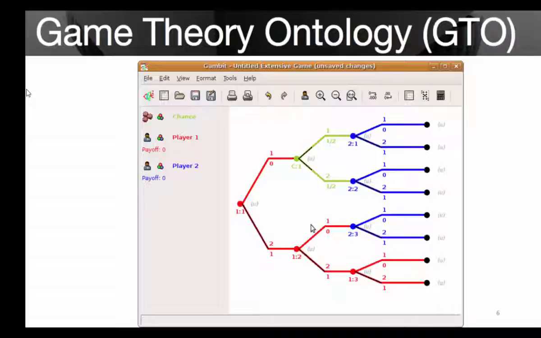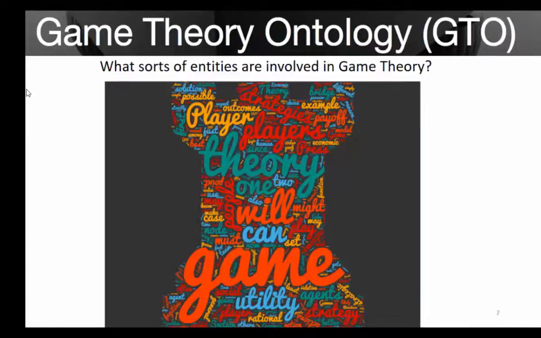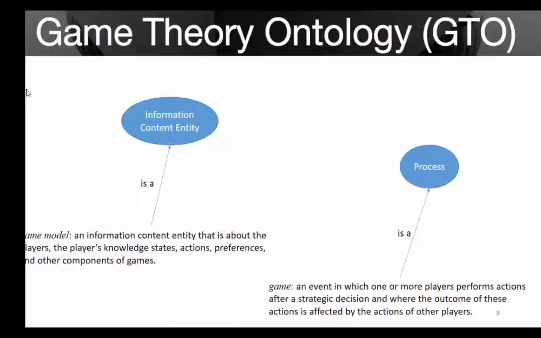What would that data look like, and how could we develop an ontology that would allow us to tag those kinds of entities? This is a word map that I generated off the SEP article on game theory, and you can see some of the major elements that you might want to capture jump out at you. Game, of course, is a big one, but so is utility, information about games, notions of rationality, agents, sets, players, outcomes, possibilities, solutions.